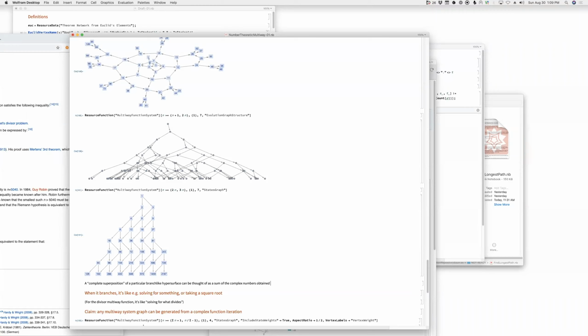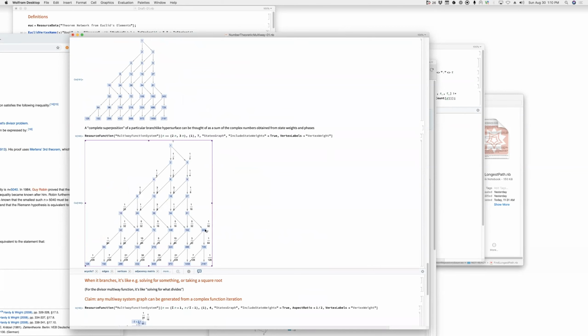Vertex labels goes to vertex weight. Oops, vertex weight. Is it singular? Yep. Okay, all right, great.